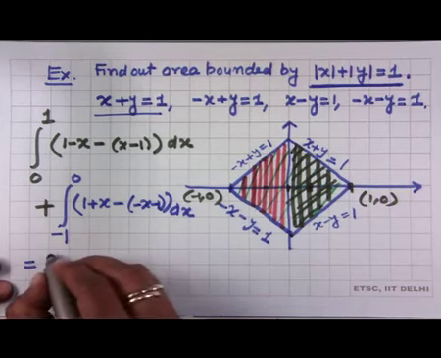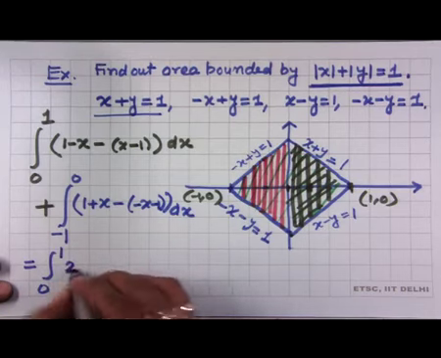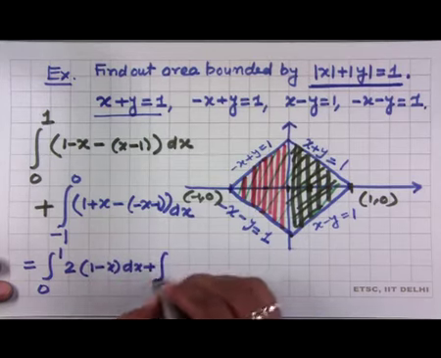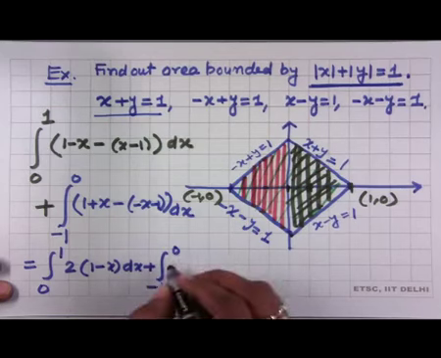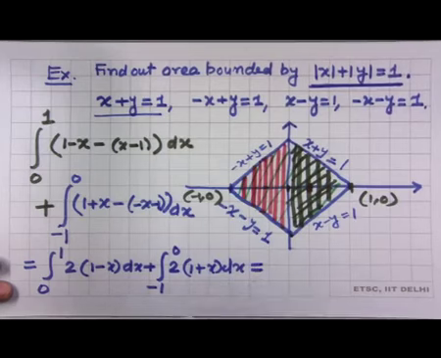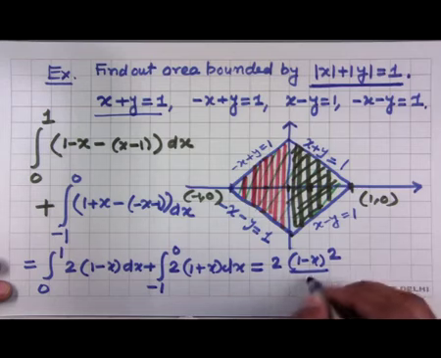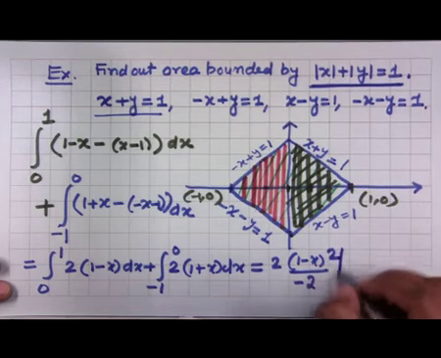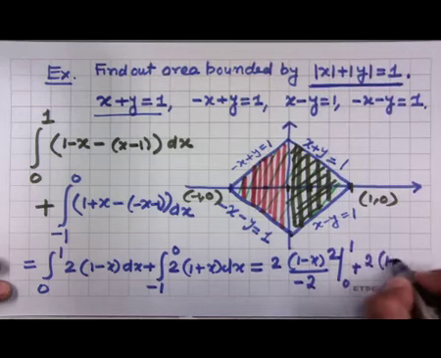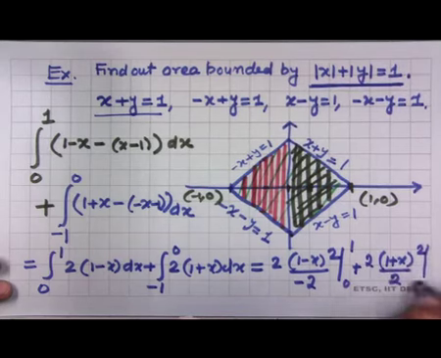So, we get the integral from 0 to 1 of 2 into 1 minus x dx, plus the integral from minus 1 to 0 of 2 into 1 plus x dx. This is equal to 2 into 1 minus x whole square by 2 minus, from 0 to 1, plus 2 into 1 plus x whole square by 2, from minus 1 to 0.